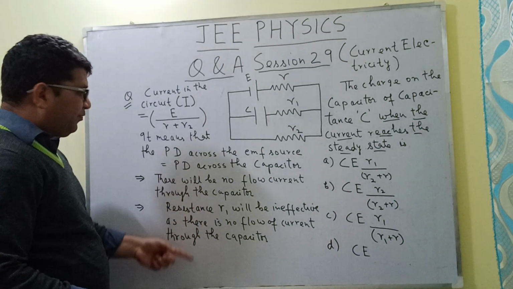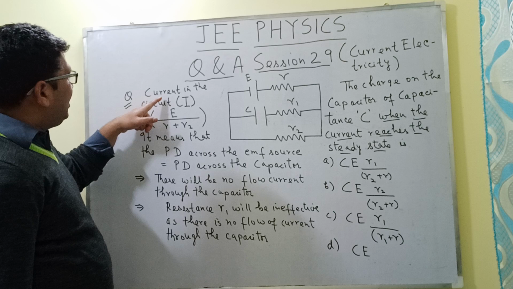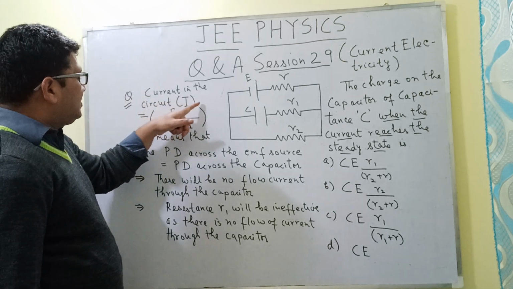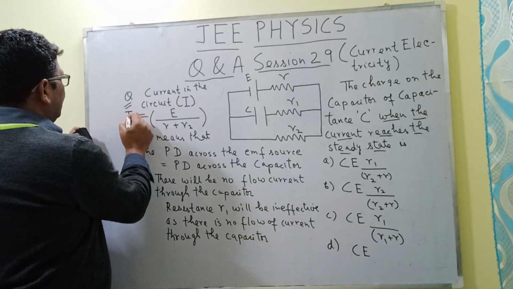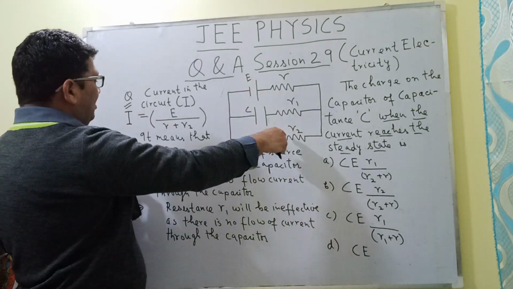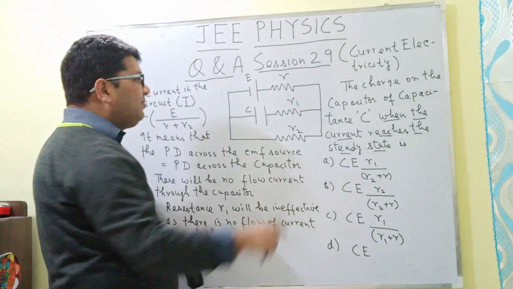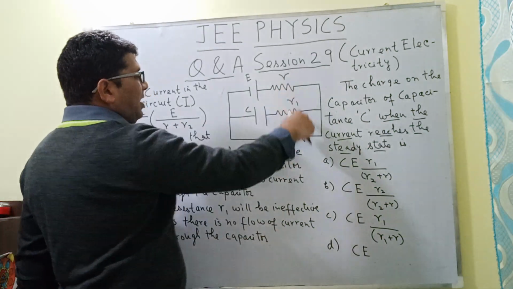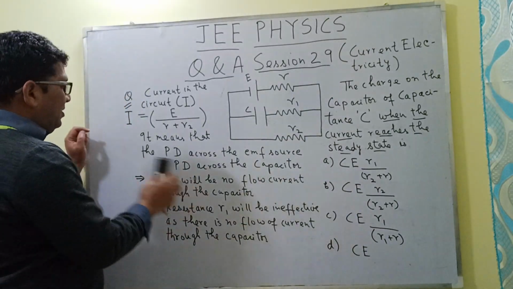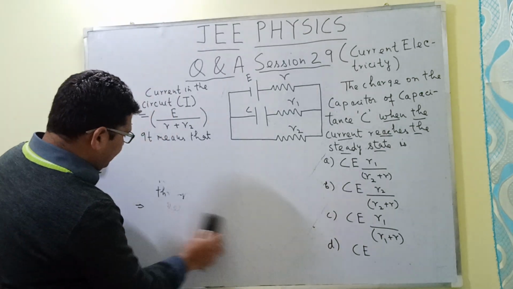Based on this analysis, I have calculated the current in the circuit, which is, say, I. This current will be equal to E divided by the total resistance, because now since R1 is ineffective, the total resistance will be equal to R plus R2. So I have calculated the current in the circuit.